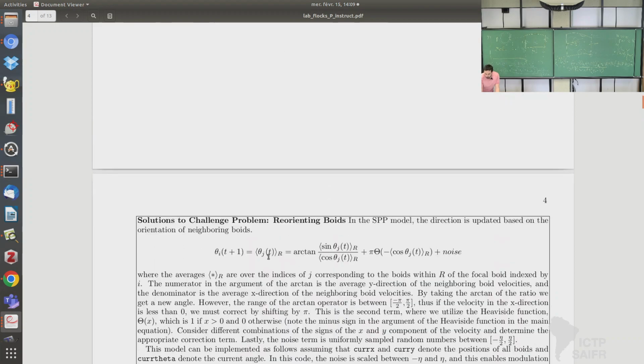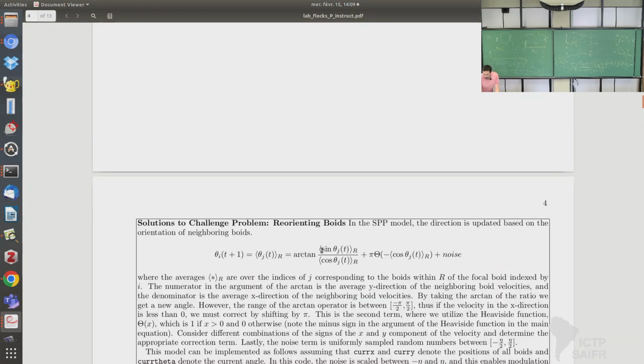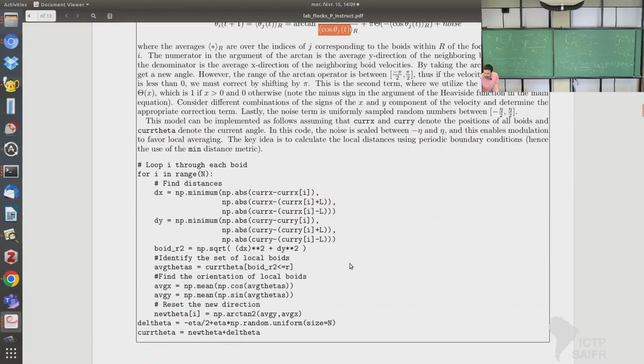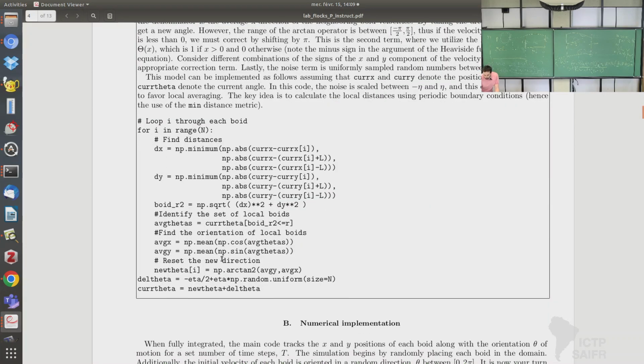And then you just do this formula, okay? You take the average of the sine of the thetas, the average of the cosine of the thetas. You take this arctan2. Oh no, I erased it, but okay. I told you before, you need to take this arctan2 function for these two values.